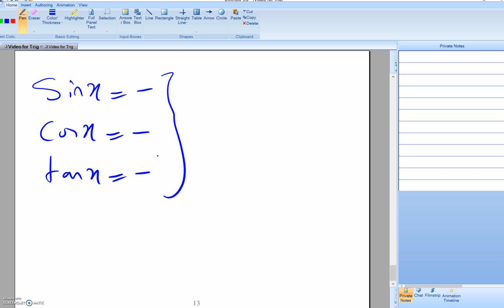I have to use the circle to see where do I have sine negative, where do I have cosine negative, and where do I have tangent negative, and then I find the angle 180 minus or 180 plus or 360 minus based on which quadrant I am. Okay, if I have cosecant or secant or cotangent, I have to change them to 1 over sine, 1 over cosine, or 1 over tangent, because my calculator doesn't have any inverse function for those.